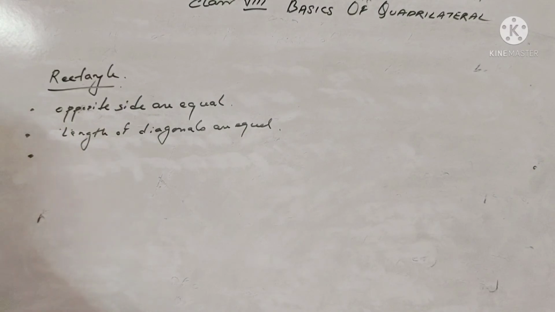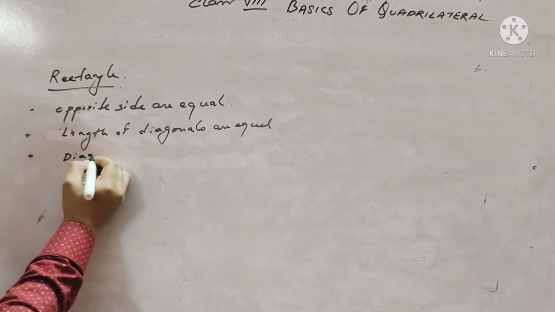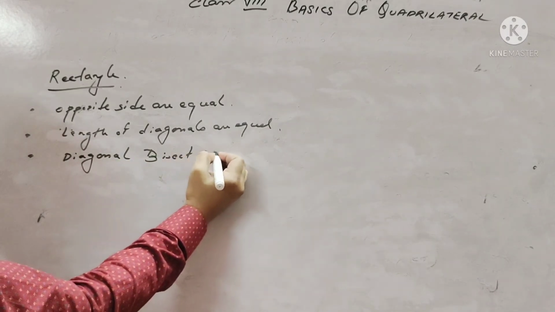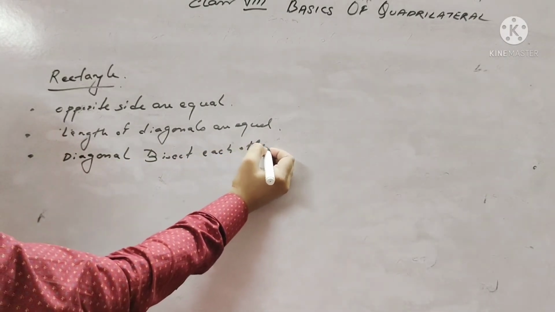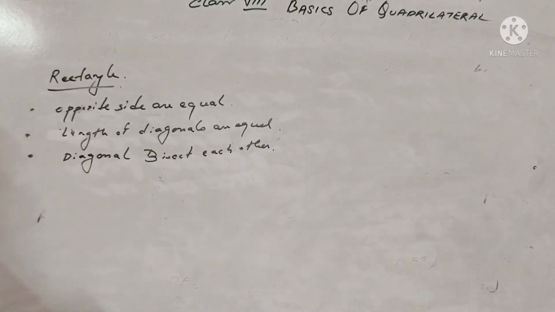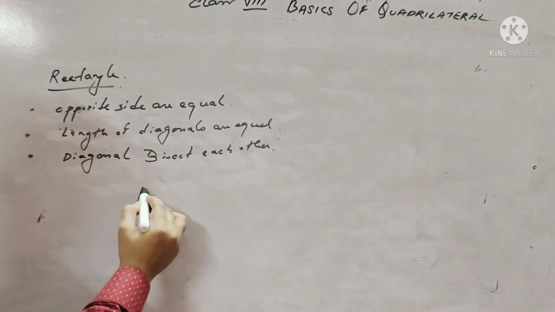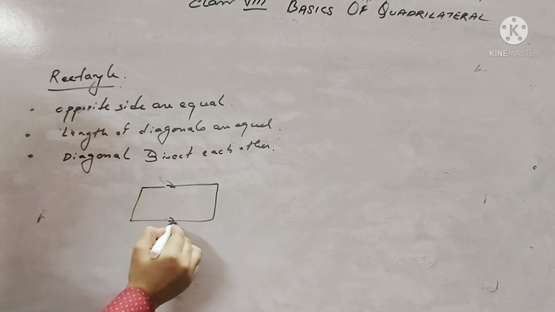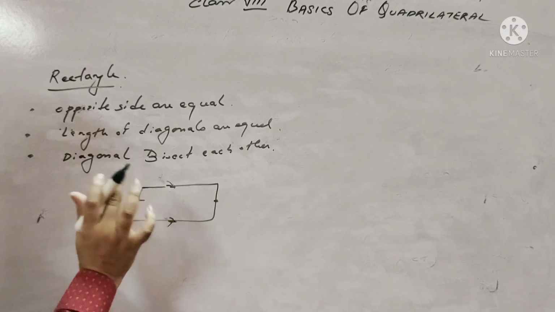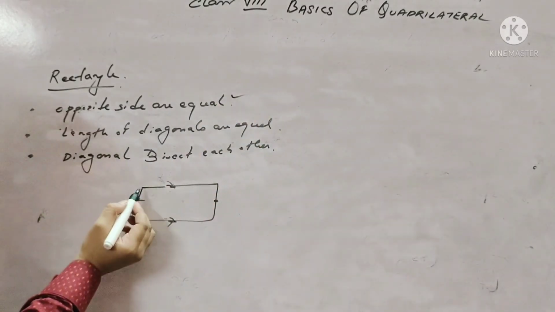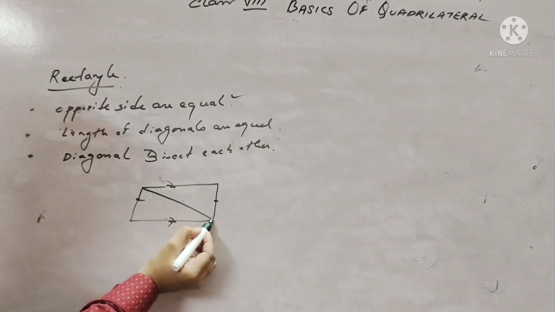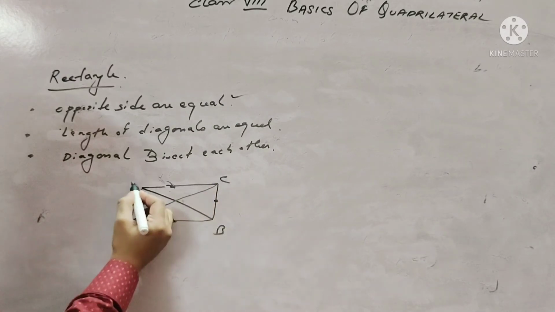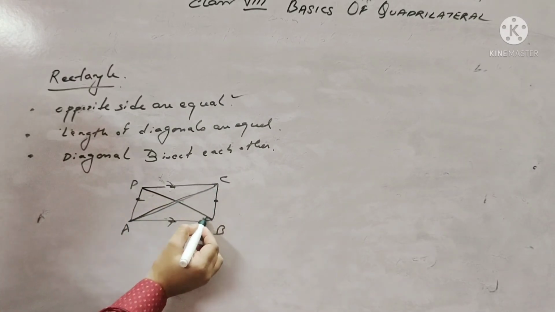And diagonals bisect each other. See, this is your rectangle. This side is equal to this side and this side equals this side. First one clear. The length of diagonals are equal, so AC equals BD.